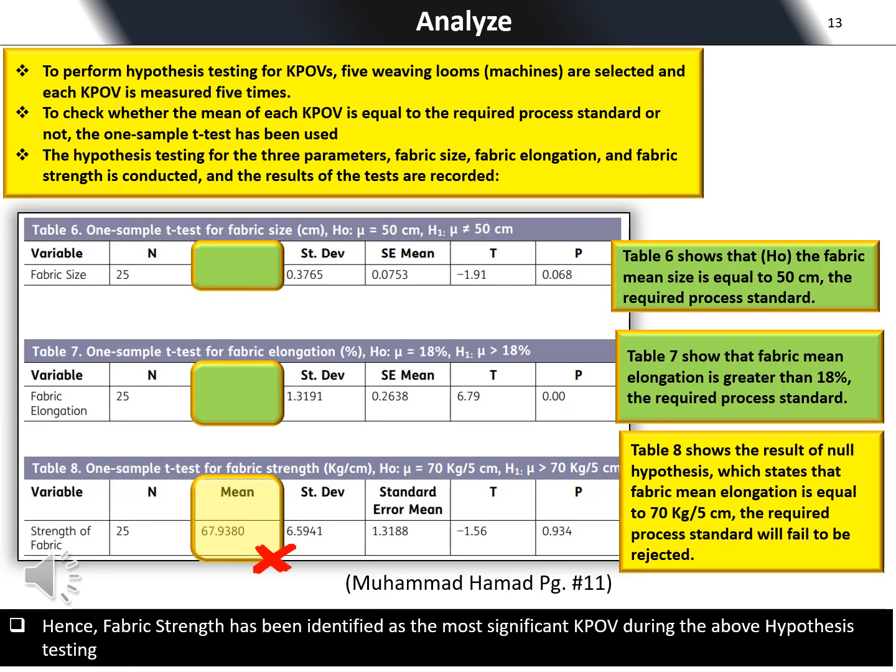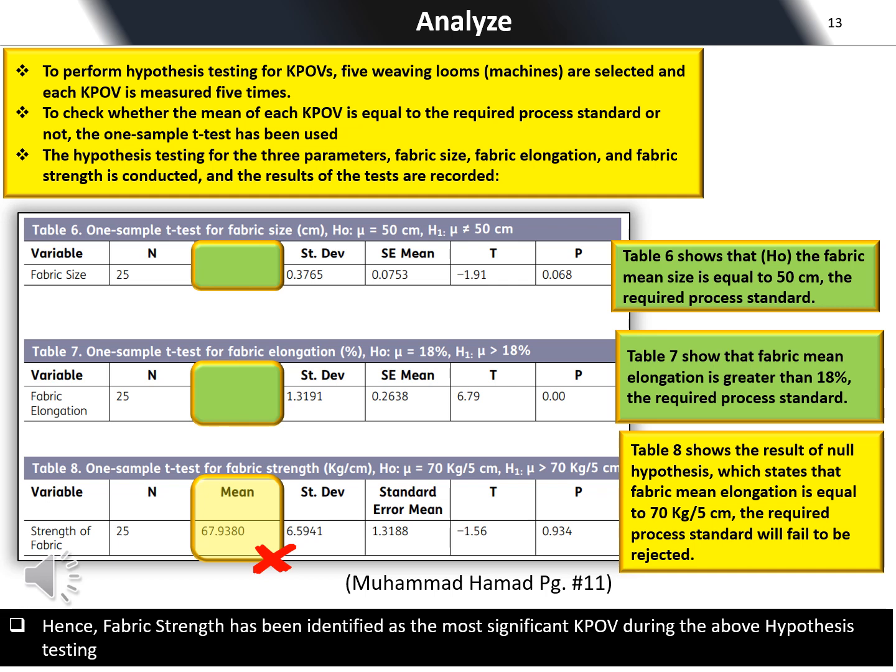To perform hypothesis testing for key process output variables, 5 weaving loom machines are selected and each key process output variable is measured 5 times. To check whether the mean of each key process output variable is equal to the required process standard or not, the one-sample t-test has been used.